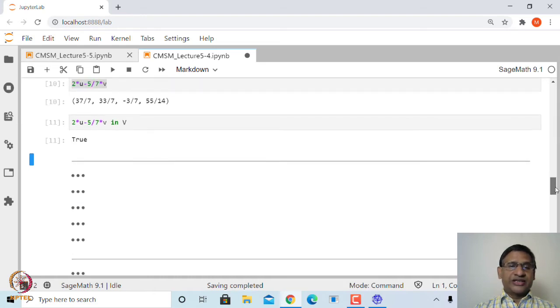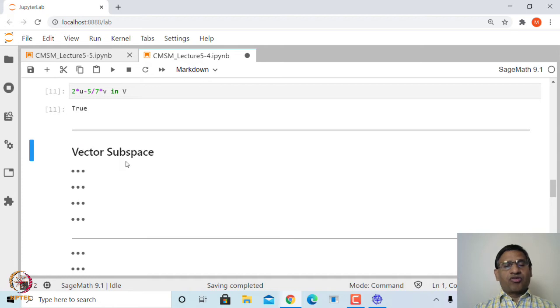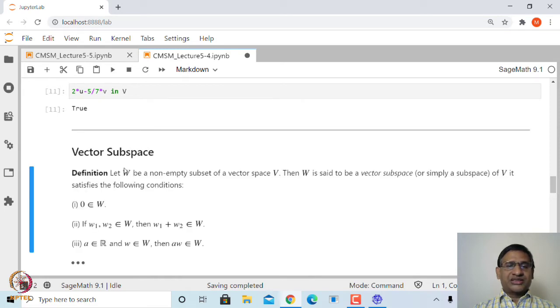Right. Next, let us look at what you mean by vector subspaces of a vector space. If you have some subset, let us say W, let us begin with a non-empty subset W. We say that W is a vector subspace of the vector space V, again over the same field.